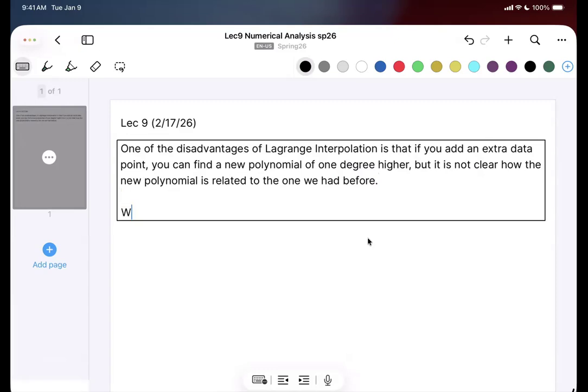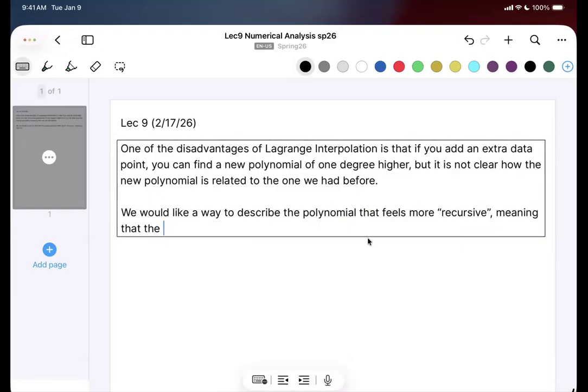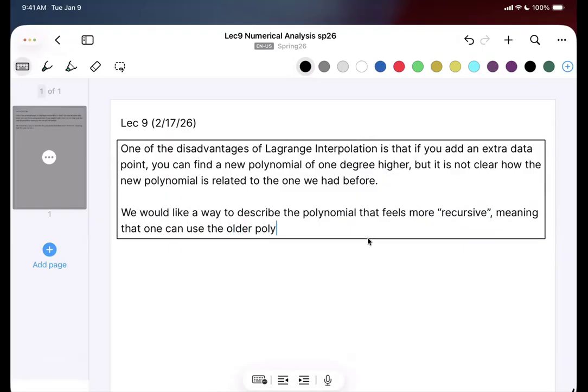So we would like a way to describe the polynomial that feels more recursive, meaning that one can use the older polynomial to find the new one and add something to it to find the new one.